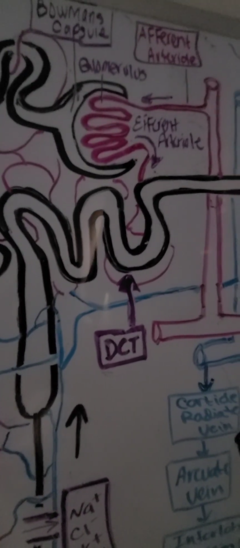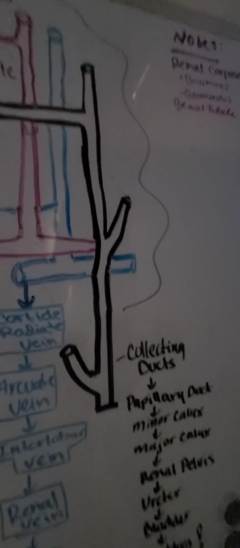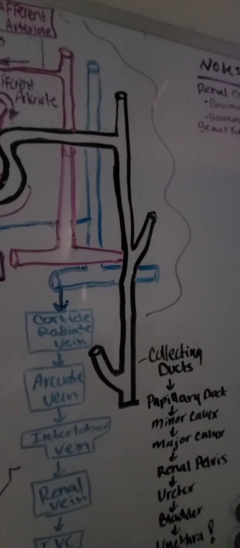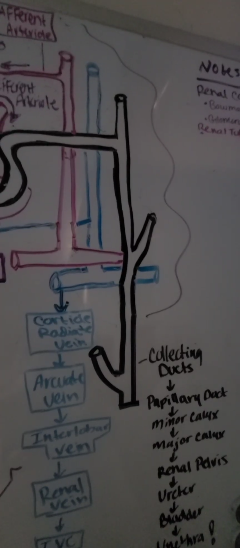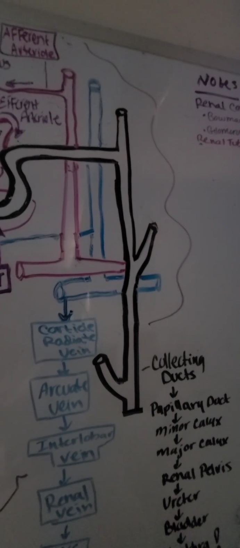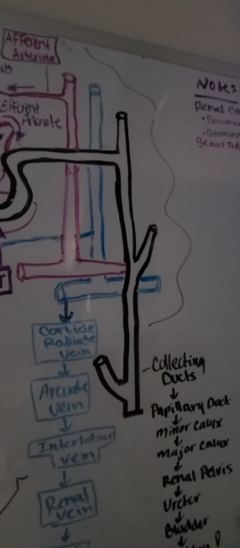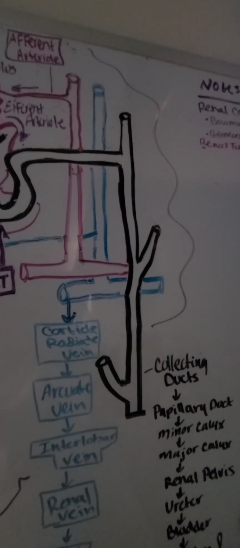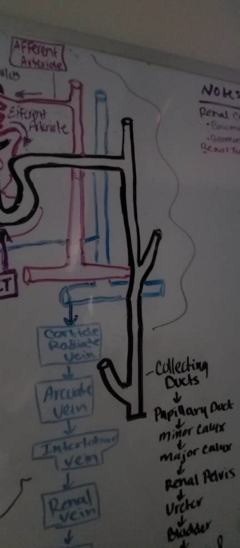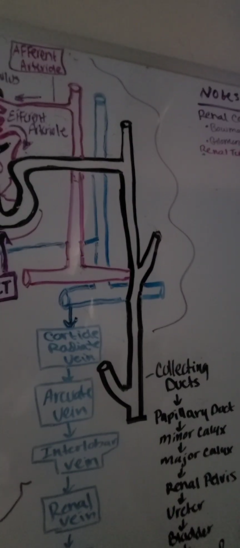So filtrate now moves from the DCT into the collecting ducts. The collecting ducts are controlled by ADH, which increases the duct's permeability to water. When ADH is present, aquaporins open and water is pulled out of the collecting duct by the salty medulla.